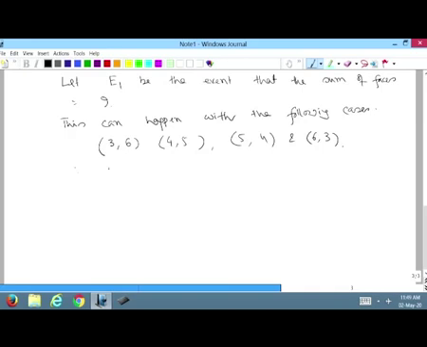Therefore, probability of E1 is equal to 4 upon 36 is equal to 1 upon 9.